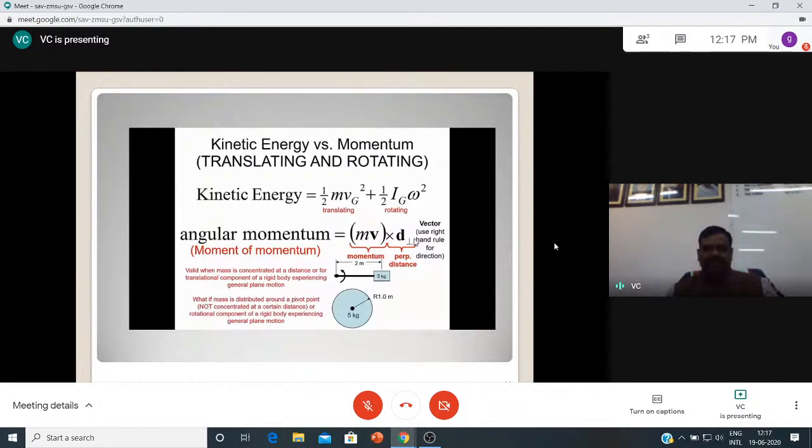Translation has 1 degree of freedom, and rotation has 1 degree. If it is a curvilinear translation, we have 2 degrees of freedom. So this is how generally we consider the combination of translation and rotation.